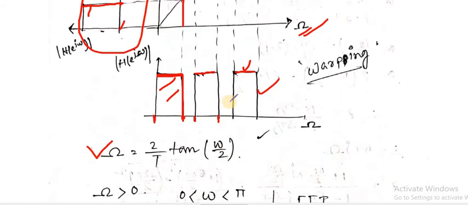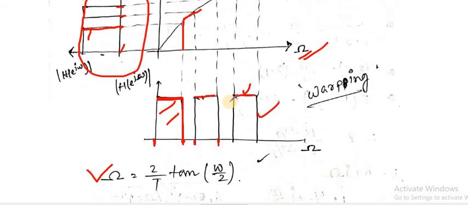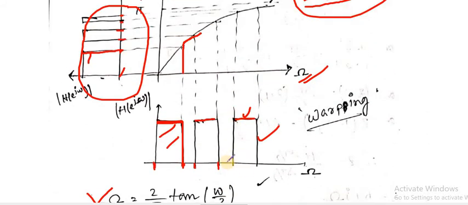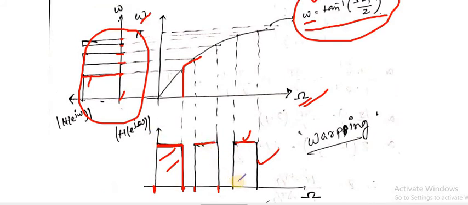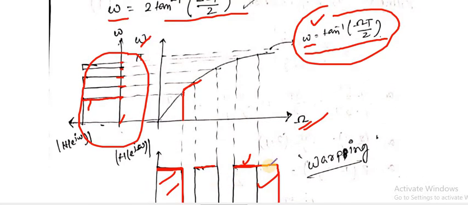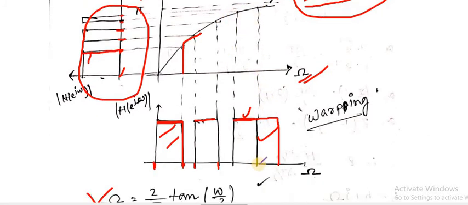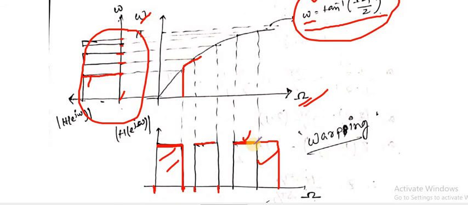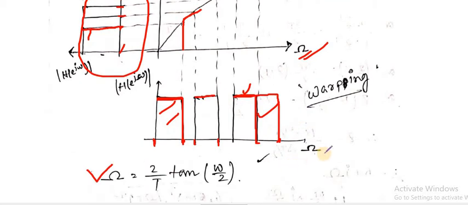Okay, so pre-warping means, suppose here we extend the frequency like that. Then if this frequency response goes through this non-linearity, it will be shrunk up to this. So we have to calculate how much we have to modify my omega.